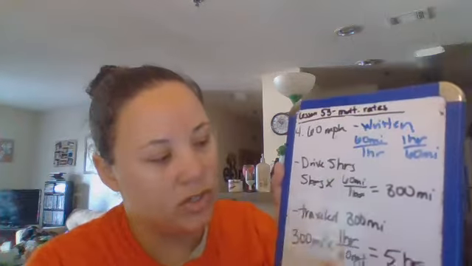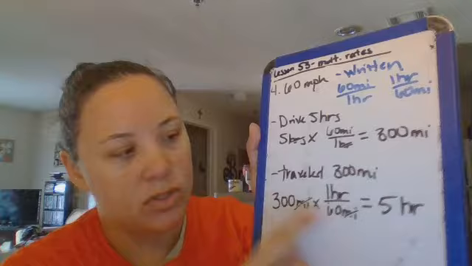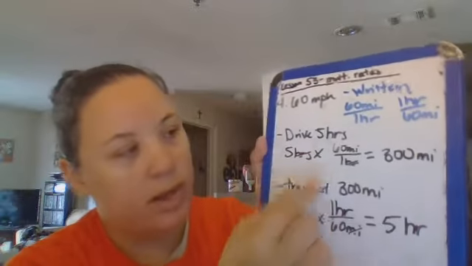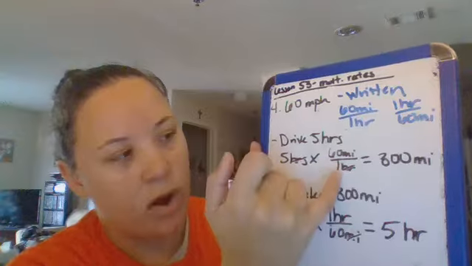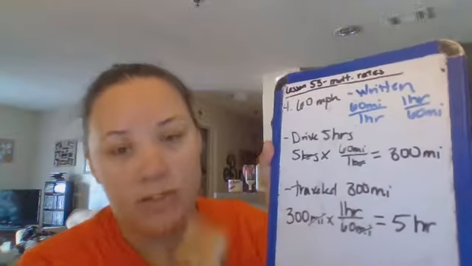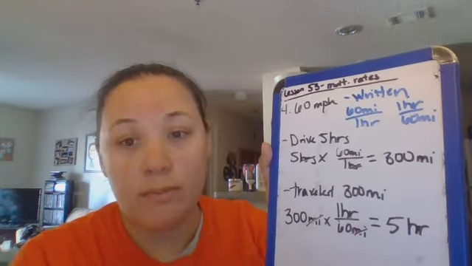So we use this equation instead of this equation because we're trying to cancel out our hours. And in this one, we're trying to cancel out our miles. So our time has to go over miles so that miles cancels out here. And on this one, our miles has to go over our time so that our time cancels out because we're looking for miles. And this one, we're looking for time. Right? And then that's our multiplying rates.